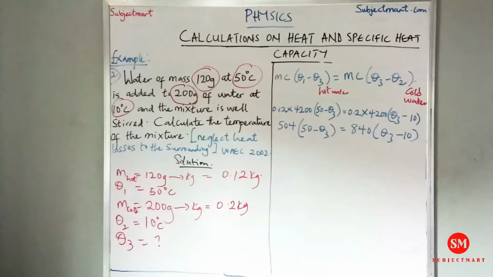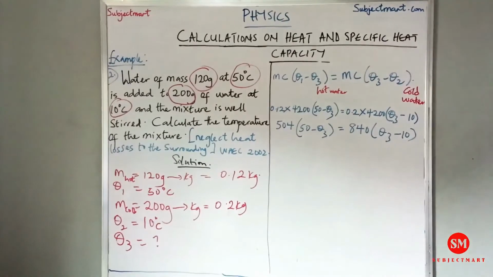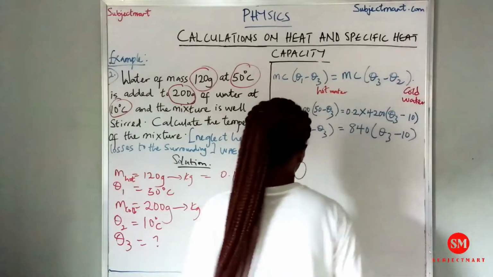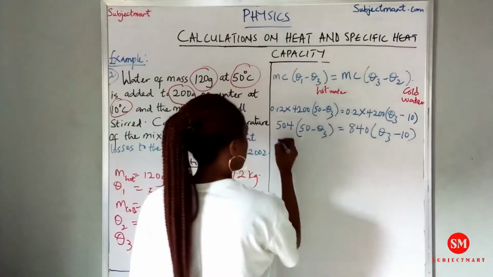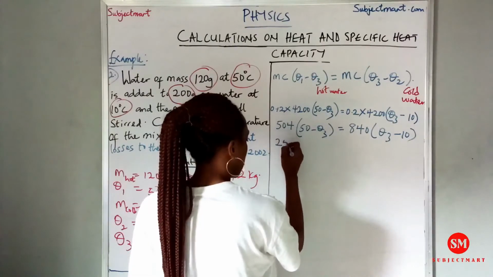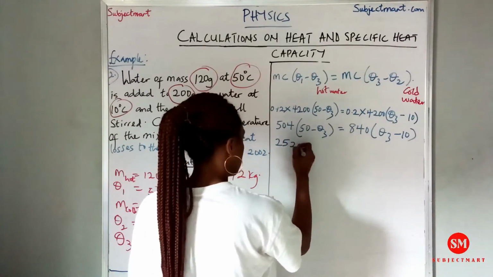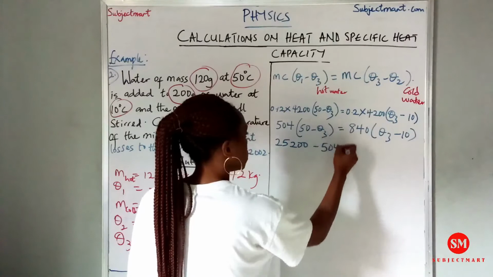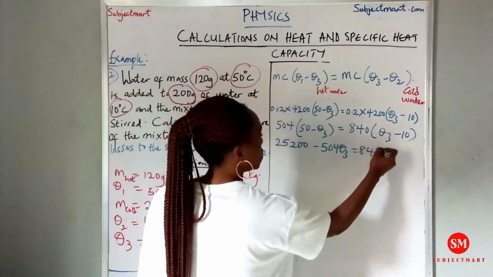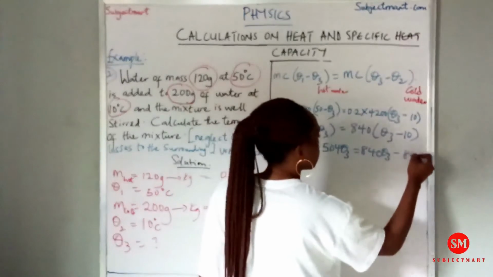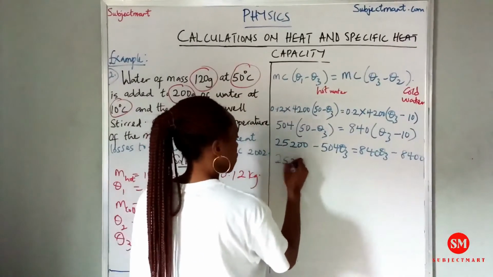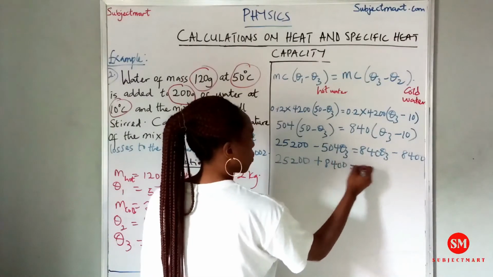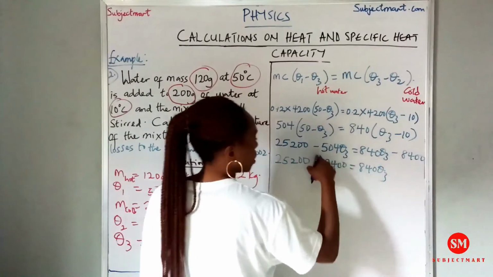So now we are going to expand, that means we are opening the bracket. 504 times 50 will give me 25,200, minus 504 theta 3 is equal to 840 theta 3 minus 8,400. So I have 25,200. This 8,400 comes to this side, and this 504 theta 3 goes to the other side.